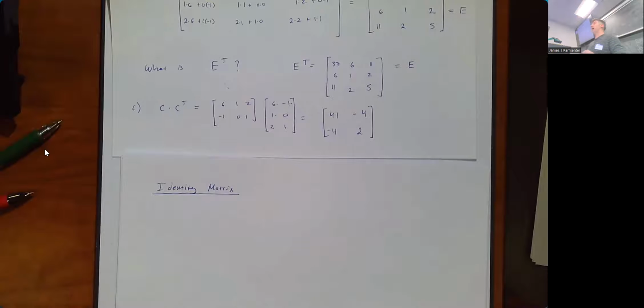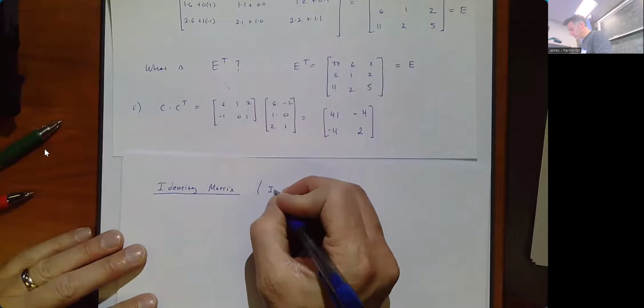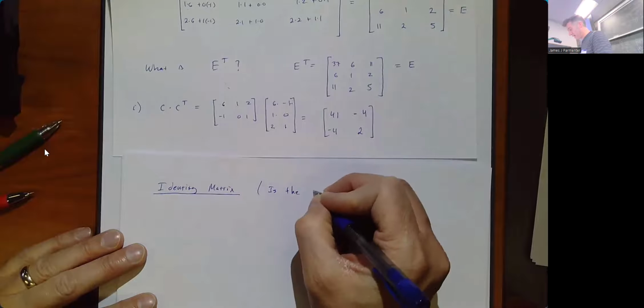I would say it's better described as being like the number 1. Because what's special about the number 1 is when you multiply by the number 1, it doesn't change anything. So it's kind of like you've done nothing. But there's another thing that's also kind of like nothing, the number 0. If you add 0 to something else, it doesn't change it either.